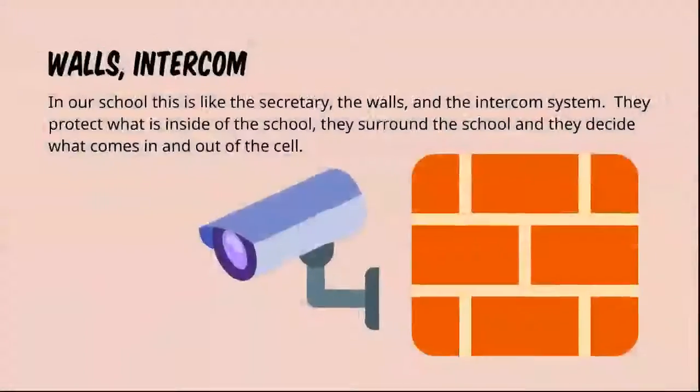Just like your secretary wouldn't just let anybody enter your school at any time that they wanted to. They probably have to check into the office, get an ID or a pass or whatever it is before they can go volunteer in your classroom or help clean up something or whatever their job is. They need to pass through that secretary, and that's what the cell membrane or plasma membrane is like.